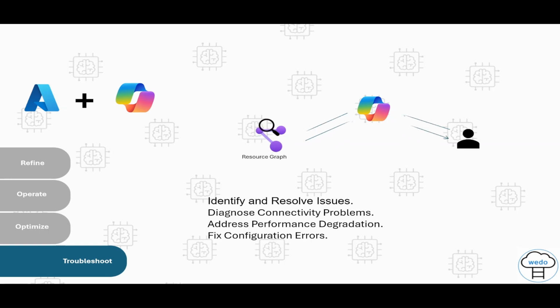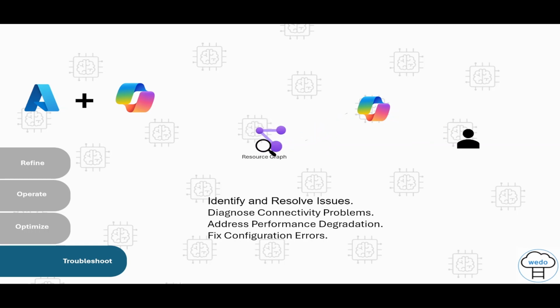Issues can arise from various sources, correct? Such as configuration errors, performance bottlenecks, or unexpected failures. Here, Copilot for Azure helps you quickly identify and resolve these issues by providing insights and recommendations based on real-time data and historical trends. That's great, right?